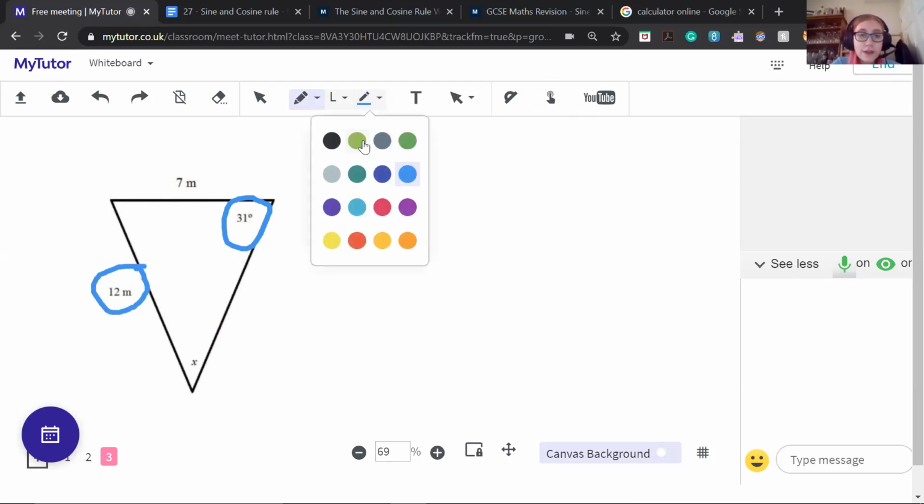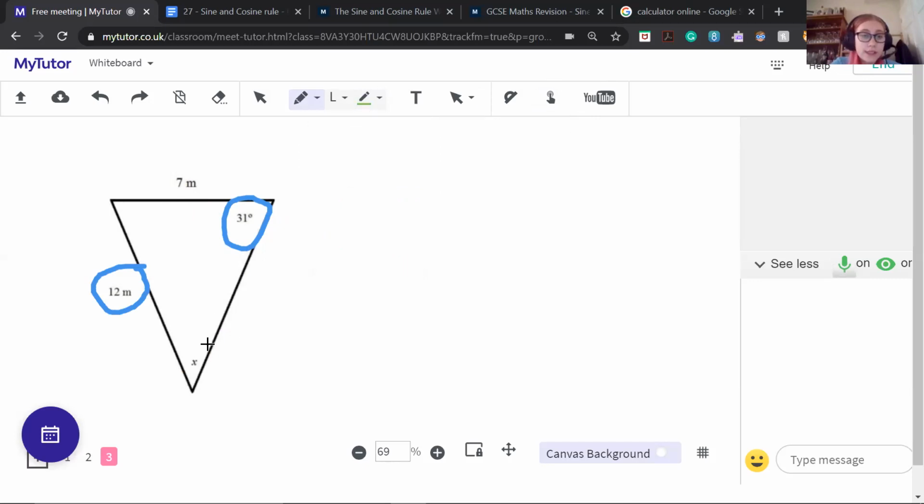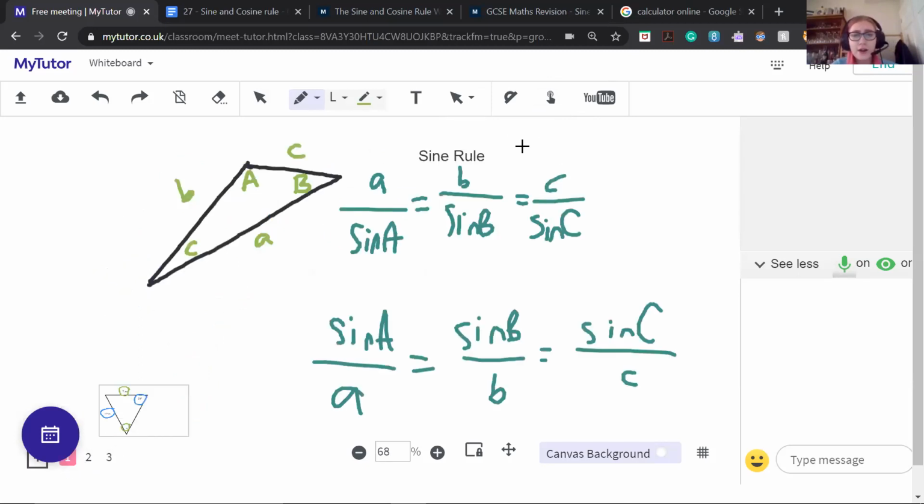Then we'll do the same for the other pair that we have. So this x angle. And again, we see that it's connected here and here. So the side that it's not connected to is this one here, this 7. So that's how we match it up into pairs, because for the sine rule, that's really what we need. We need it to be in this kind of pair format with our A and our A, our B and our B, our C and our C, whichever we use.